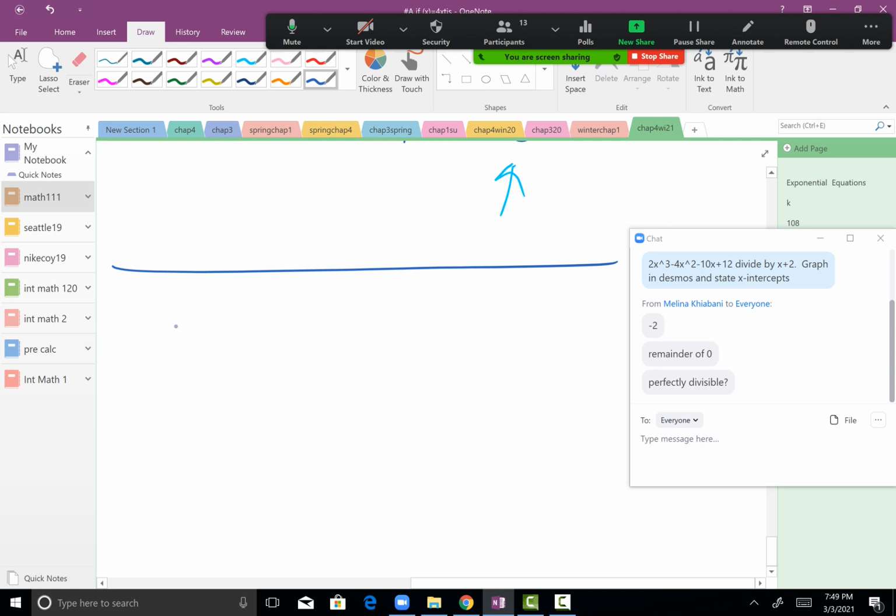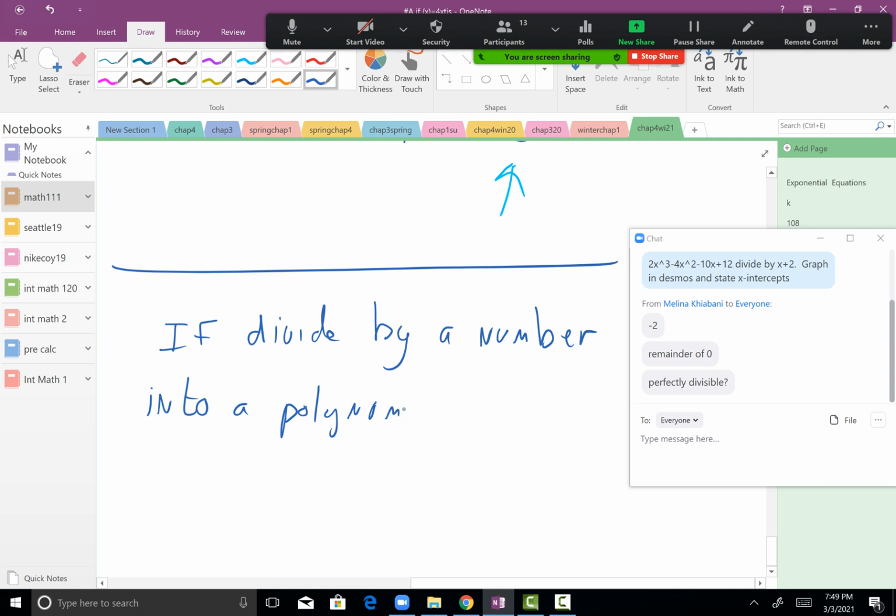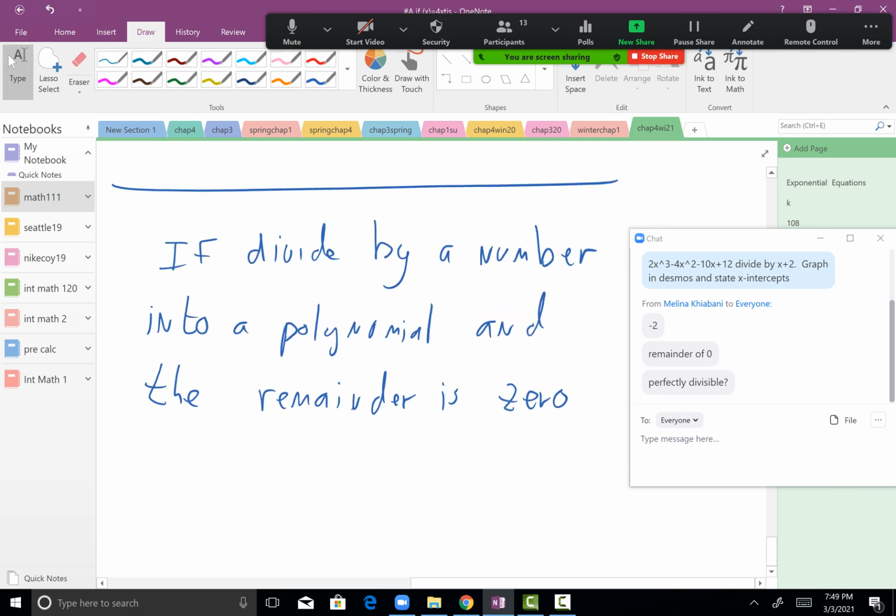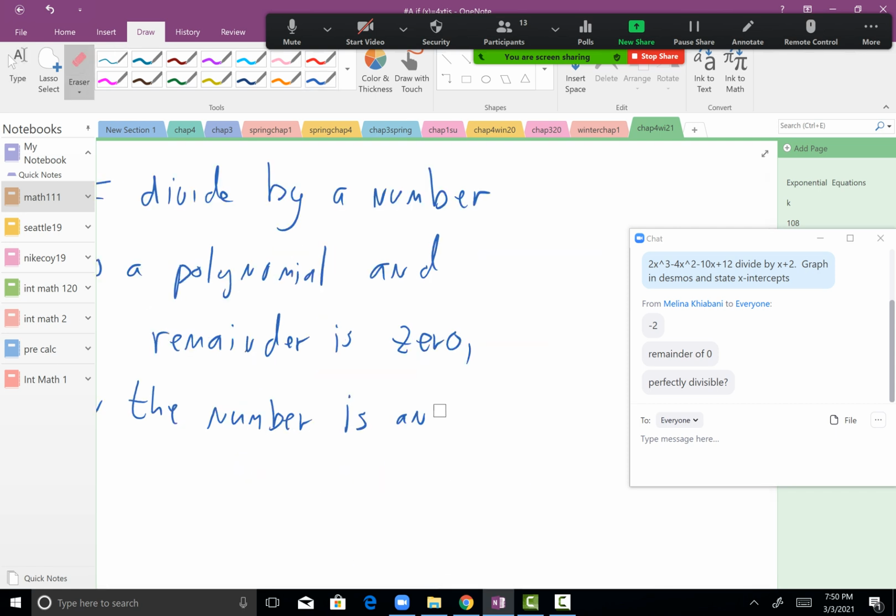So using synthetic division, if I divide by a number into a polynomial and the remainder is 0, then the number is an x-intercept.